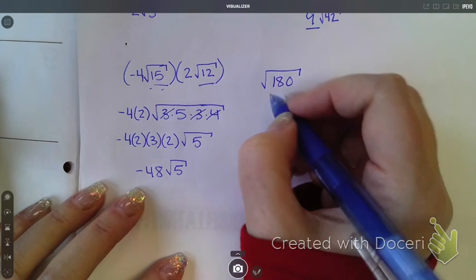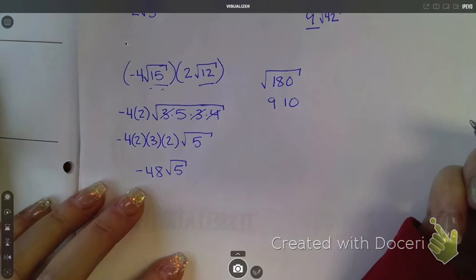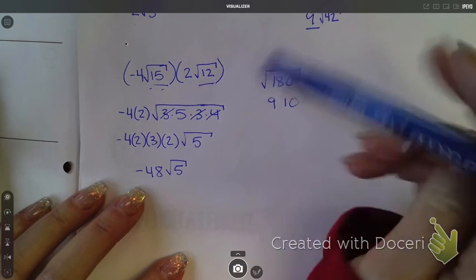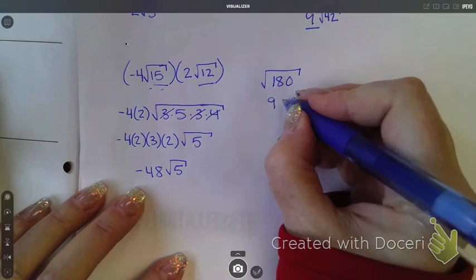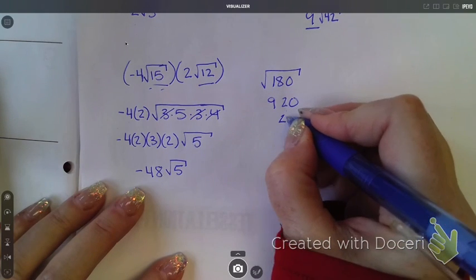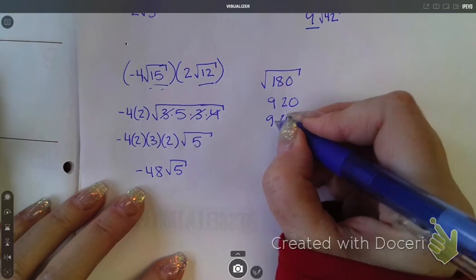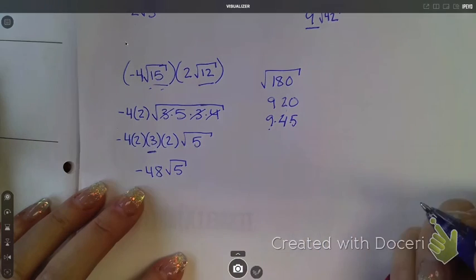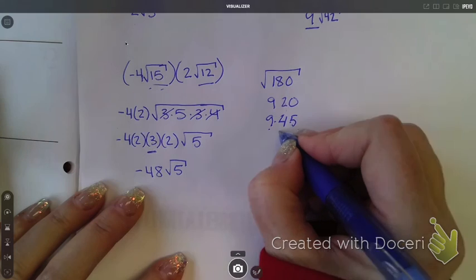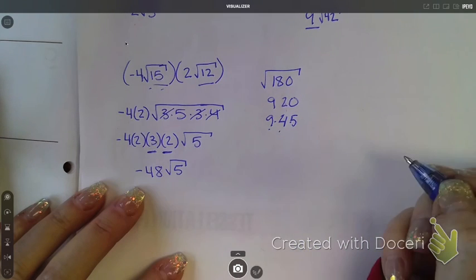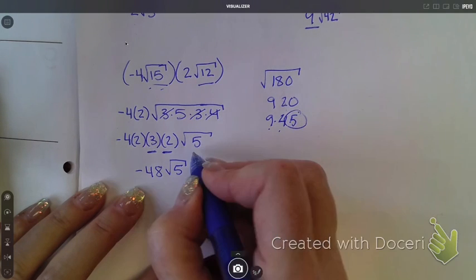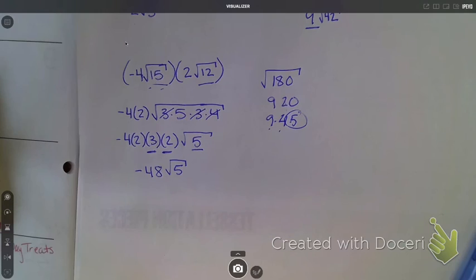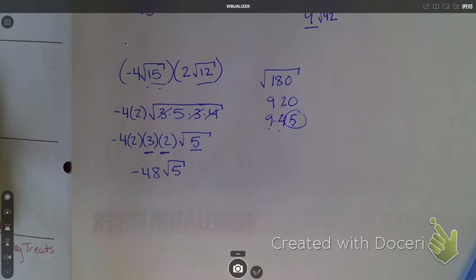Okay, 180 is 9 times 20, and 20 is 4 times 5? Okay, so what is the square root of 9? 3. What is the square root of 4? 2. And you're left with 5. Then I did negative 8 times 3.